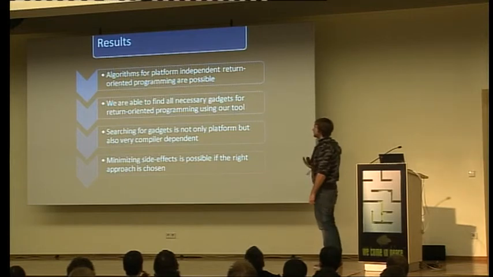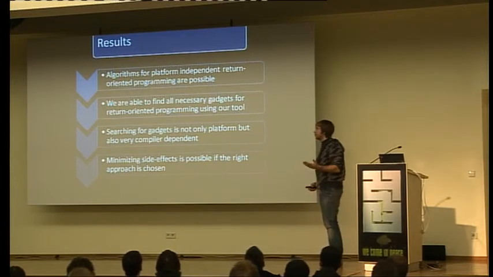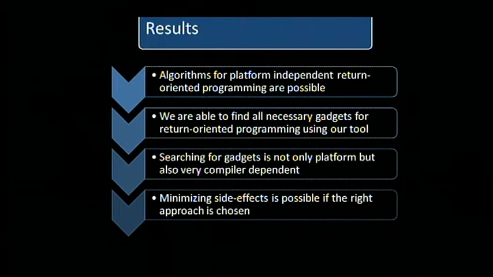So, what are the results of the whole thing? Algorithms for platform-independent, return-oriented programming are totally possible. For ARM, we have shown that we can even use those gadgets that we extracted from binaries and have a compiler that compiles them for iPhone payloads.